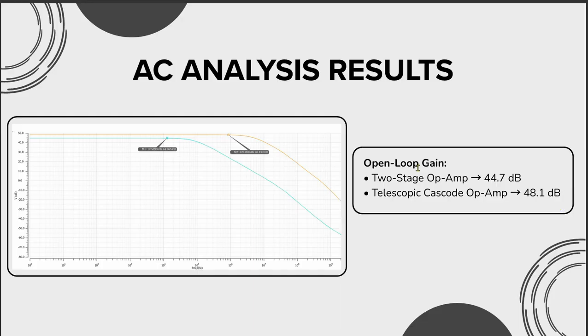And here we can also observe that the telescopic op-amp has a higher gain, and it also has a higher bandwidth. It covers a higher range of frequency, while the two-stage op-amp gives less gain as well as less bandwidth.